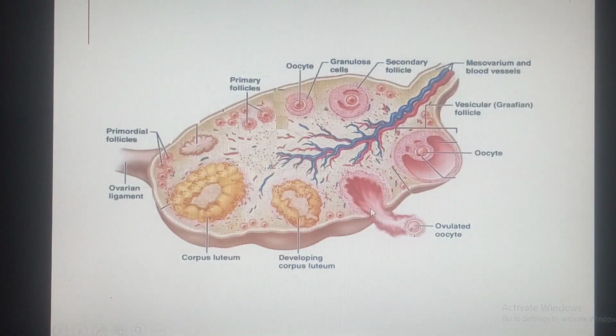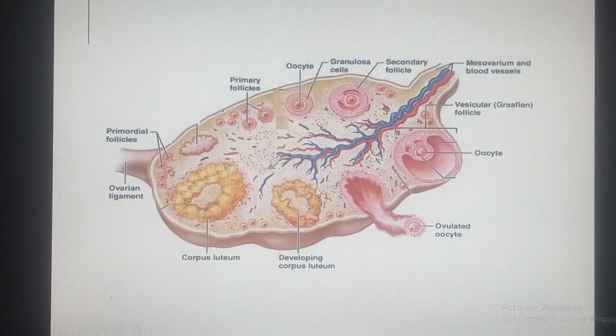Now, after ovulation, the oocyte is expected to get fertilized in the ampulla of the uterine tube if it meets a viable sperm. That one will happen. But the remaining part of the follicle will be reorganized into what we call corpus luteum.